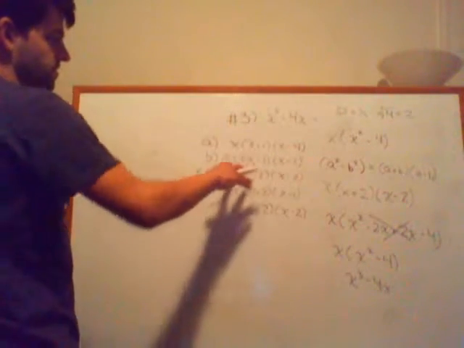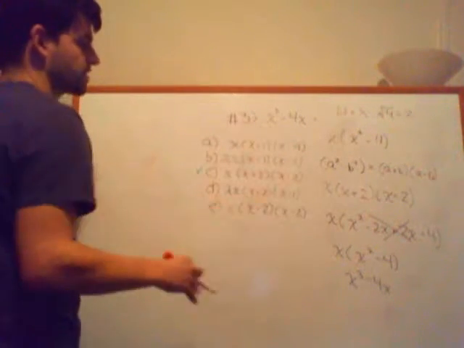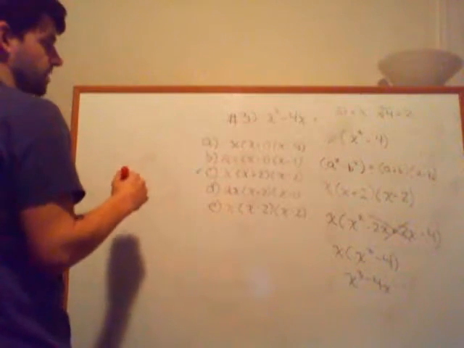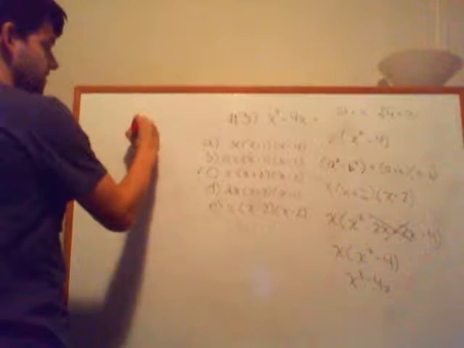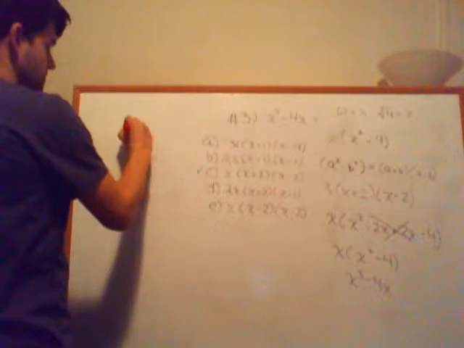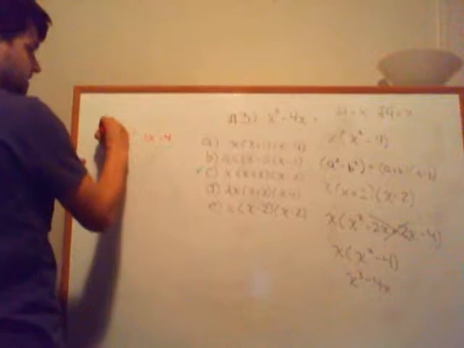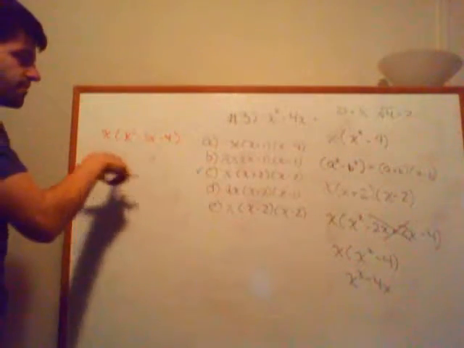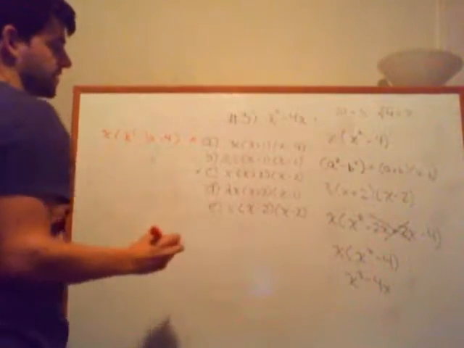Our first one, and I'm going to do this kind of fast because of time constraints: when you multiply x plus 1 times x minus 4, you get x squared minus 3x minus 4, and then you still have to account for the x. You would get x cubed minus 3x squared minus 4x, which does not work, so choice A will not work.